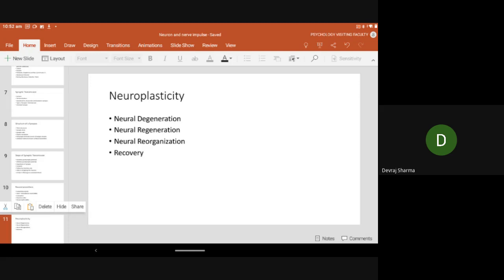If the recovery process does take place, there are different ways. You have seen in the structure of the neuron, the myelin sheath. If the myelin sheath is intact, then the regenerating axons may grow through them to their desired target areas.